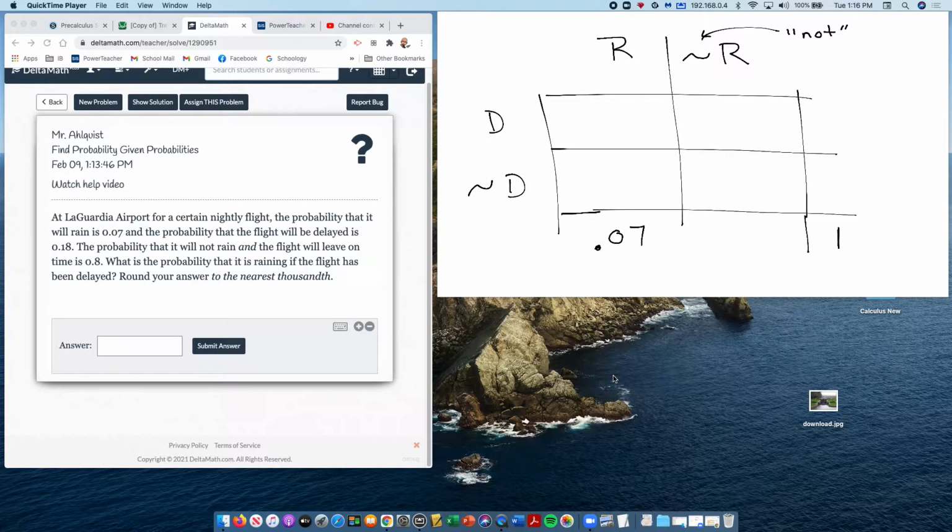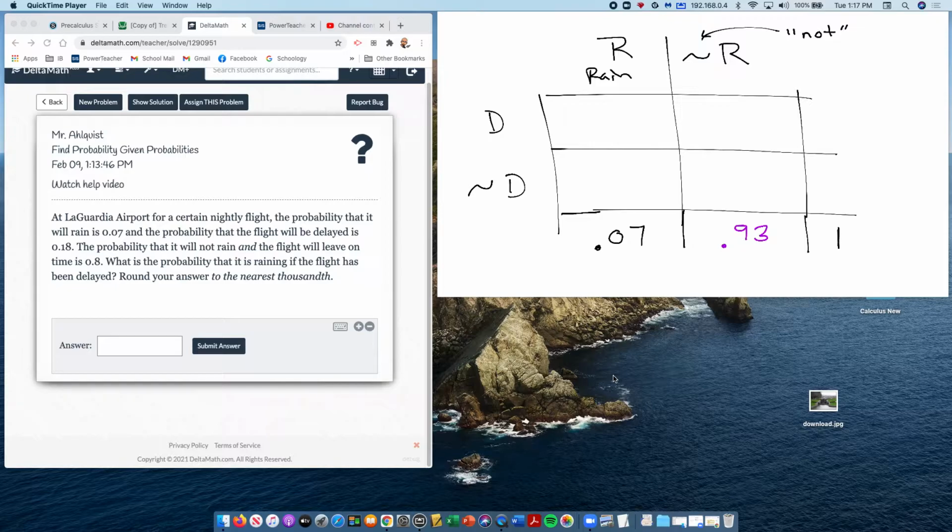So that's the rain column, right? So this is the rain column, which means that the not rain is going to be 0.93 because it's either raining or it's not raining, and they have to add up to 1.